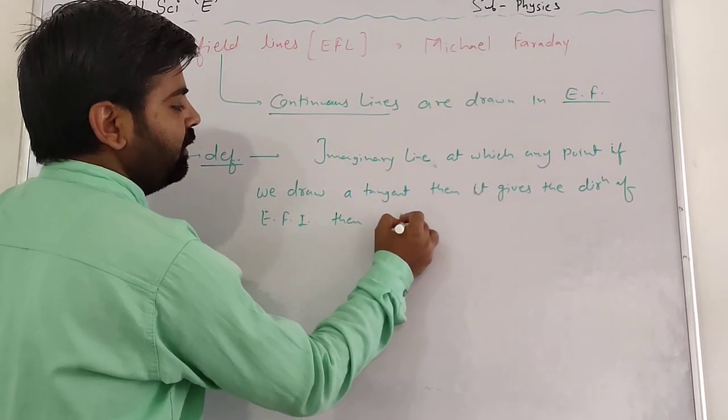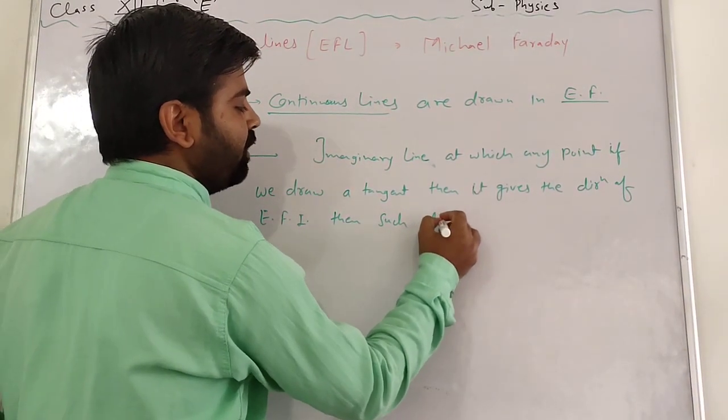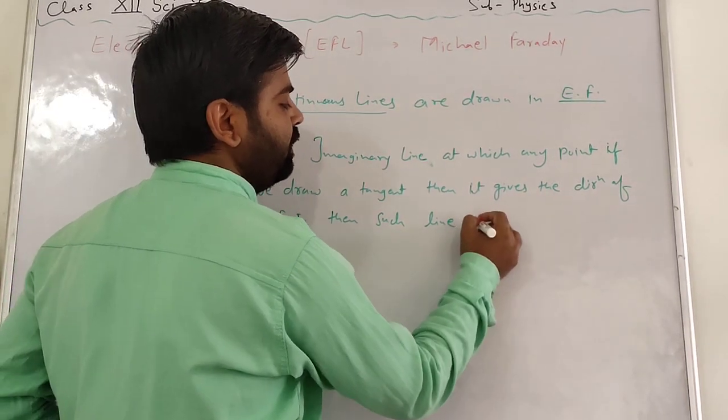Then such a line is called an electric field line.